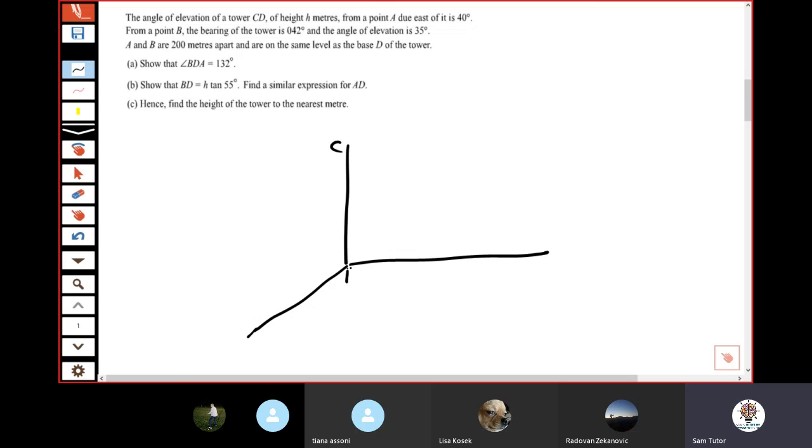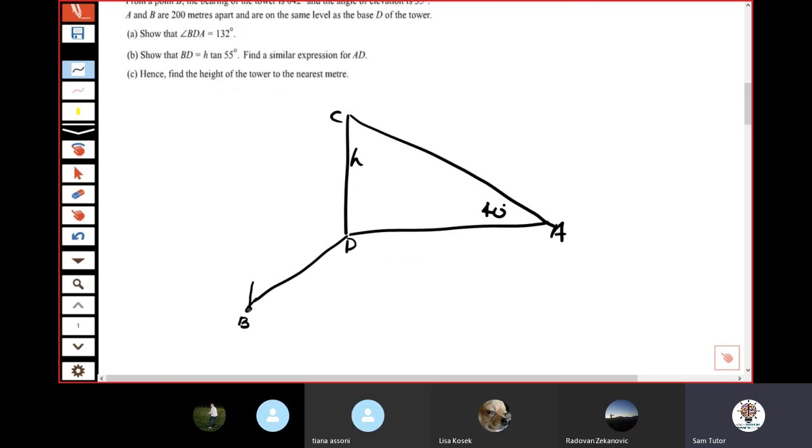I'm going to draw this because I just told you it's always going to be like this. H from a point A due east of it is 40 degrees. So the elevation is 40 degrees. From a point B, so watch this now, that's B, from there, the bearing of the tower is 42 degrees.